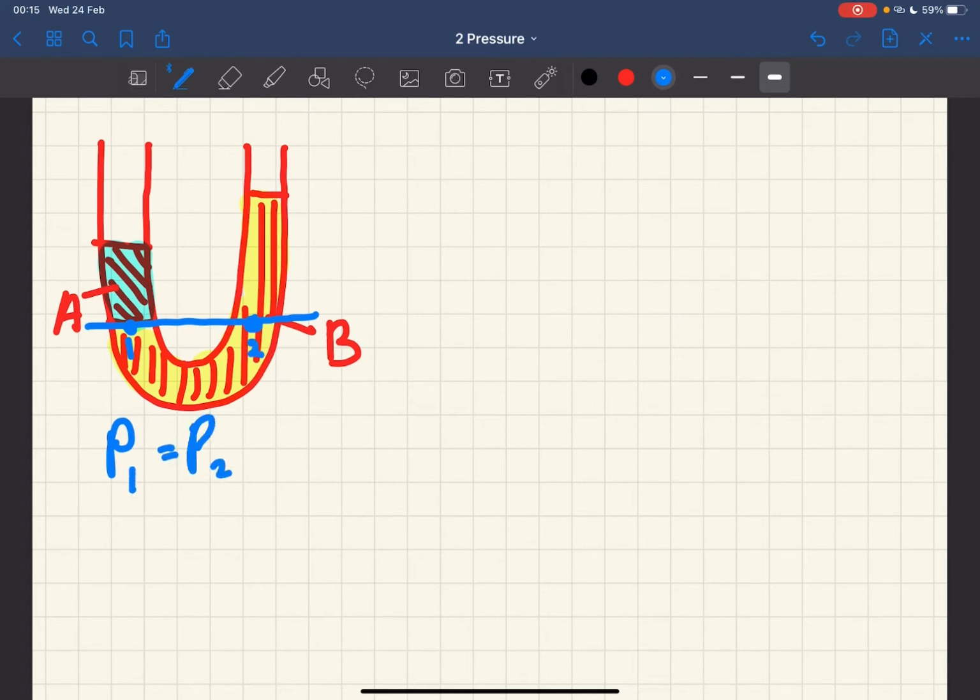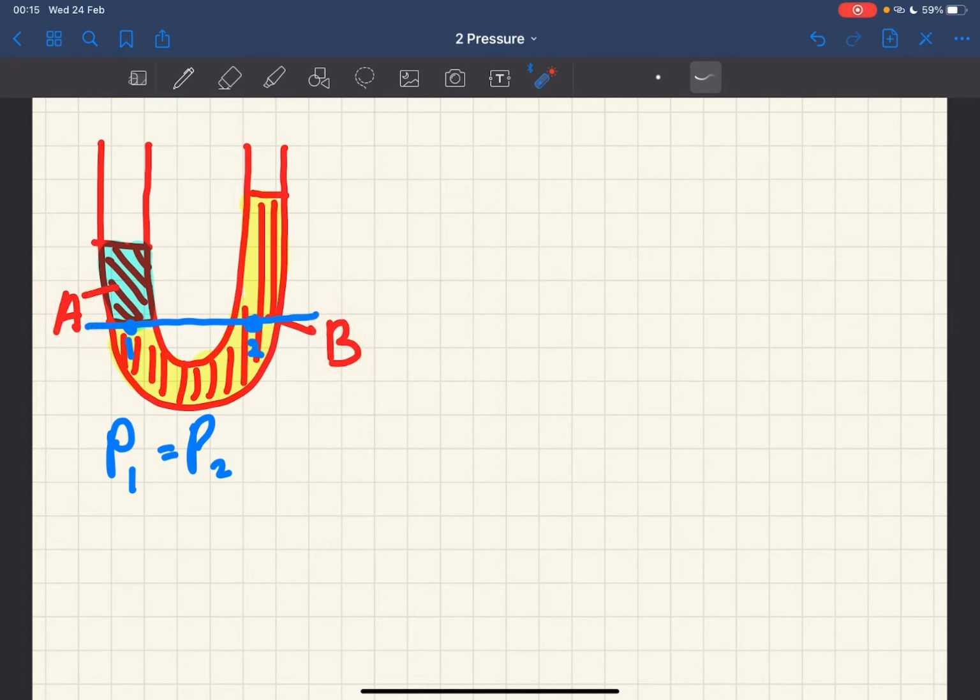Okay, P1 equals P2. And we also can say that liquid A is stronger than liquid B, or we know that liquid A is denser than liquid B.